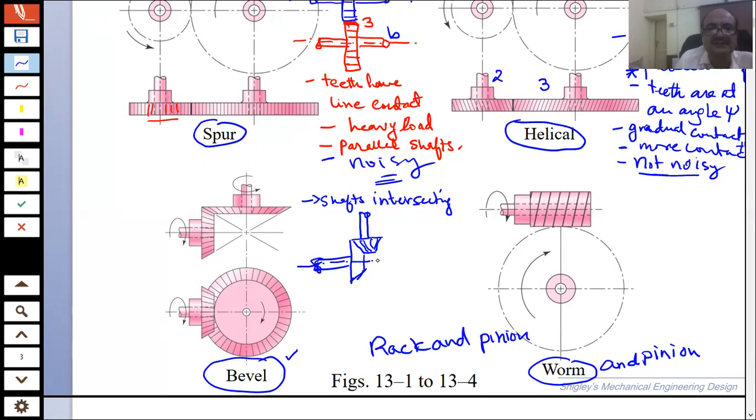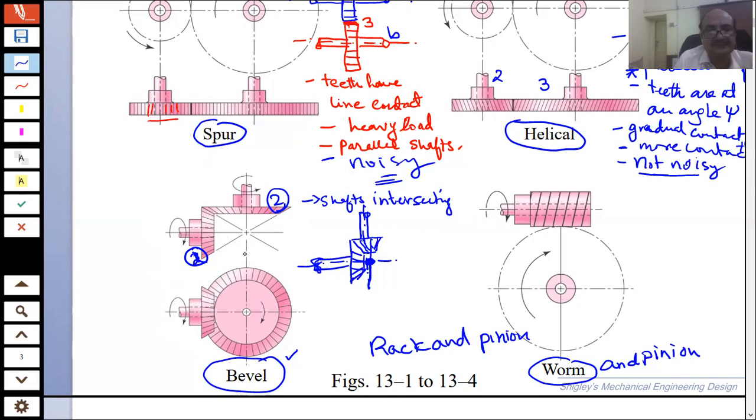For example, this is one shaft and this is another shaft. So they are both intersecting each other over here. And with the help of these bevel gears, we can transmit power. For example, this is our gear number 2 and gear number 3, I would say.